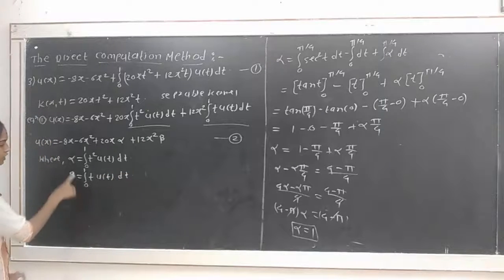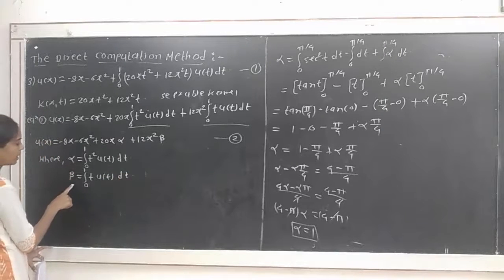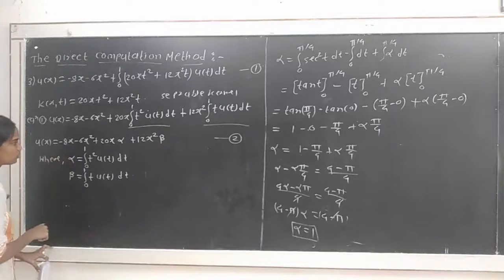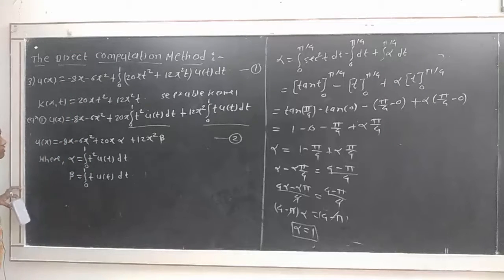We have to find the values of alpha and beta, and if we find these values and put them in equation 2, then that is the solution of the given non-homogeneous Fredholm integral equation of second kind. So for that we have to find u of t.